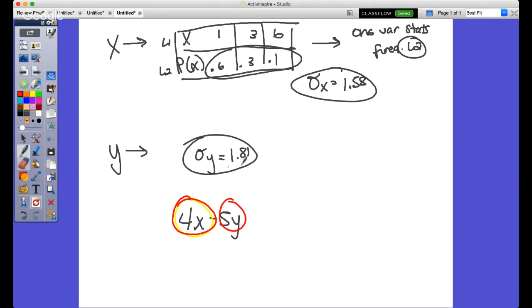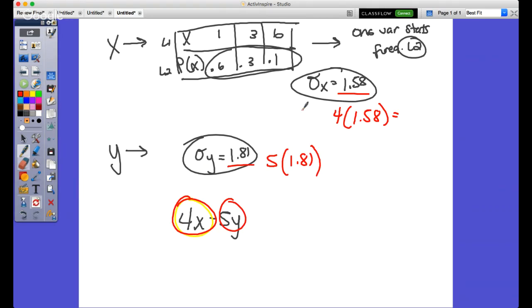When I go to 4x and 5y up here, can I multiply 4 times the standard deviation? And the answer is yes. The same holds true for multiplying 5 times 1.81. What I can't do is add 3 to it, or add 2 to it. But what I can do is multiply.